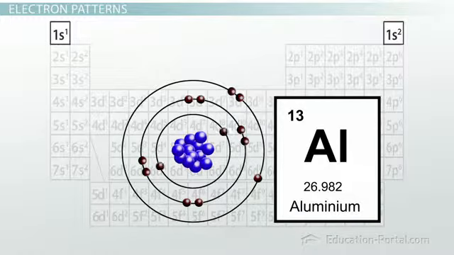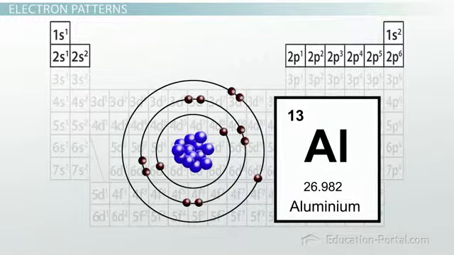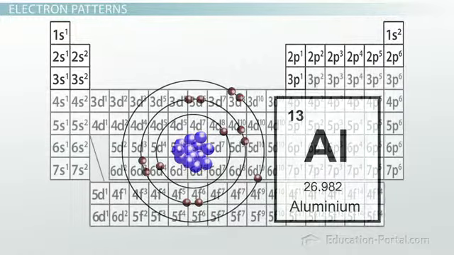Well, it has 2 1s electrons, 2 2s electrons, 6 2p electrons, 2 3s electrons, and 1 lonely 3p electron. Do you see how we are always starting with the hydrogen box on the top left corner and moving from left to right until we get to the atom in question?